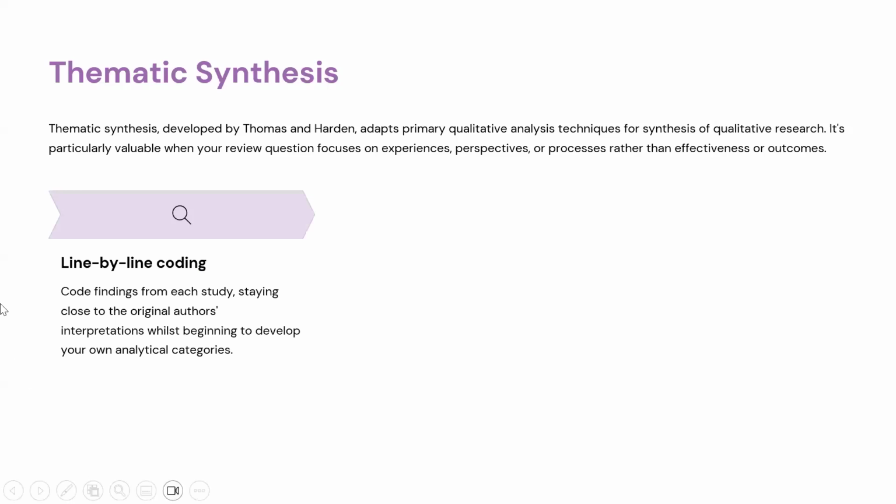So you code findings from each study, staying close to the original authors' interpretations, whilst also beginning to develop your own analytical categories. It's a fine line to walk, whereby, as we have discussed before, you don't want to overstep and say something that was not found by the authors, but at the same time you're holding on to those different ideas and slowly letting them accumulate in your mind so that you can come to your own conclusions, seeing if any patterns are emerging based on this coding.